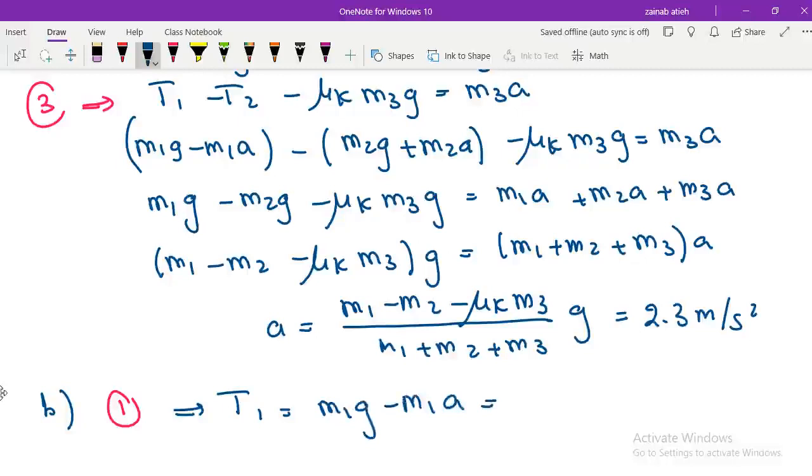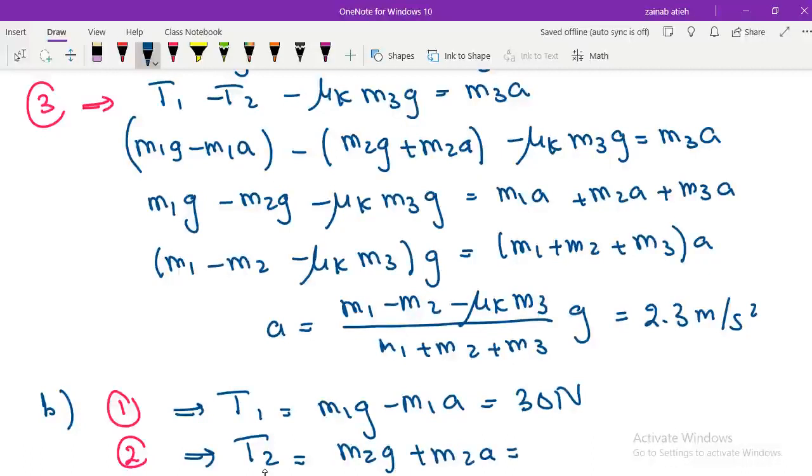I substitute, and I get T1 equals 30 Newton. Notice that we are solving like a system of unknowns: we combine the equations together to get rid of the tension and find the A, then we go back and find the tension. So T2 was equal to M2G plus M2A. We have everything, we have M2 and the acceleration. We will get 24.2 Newton.